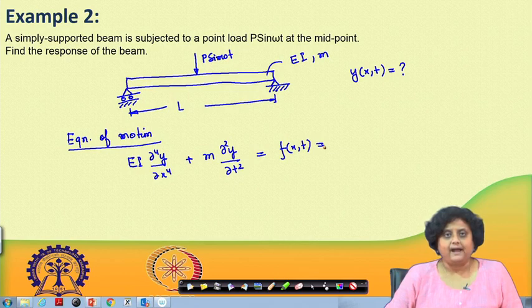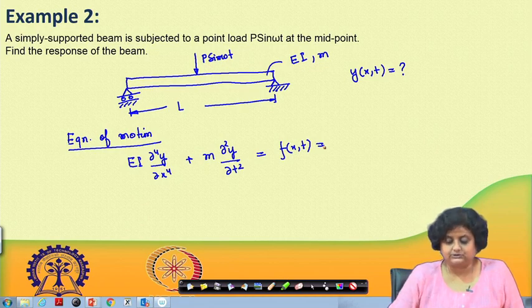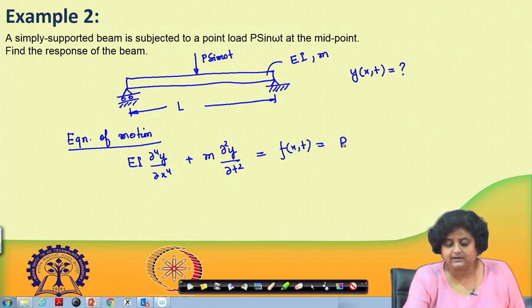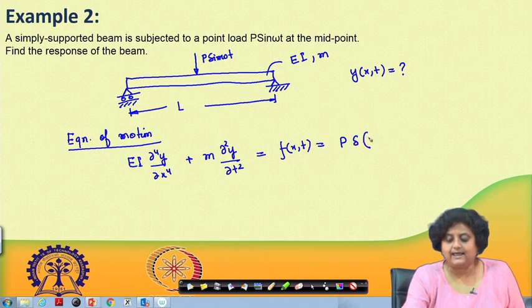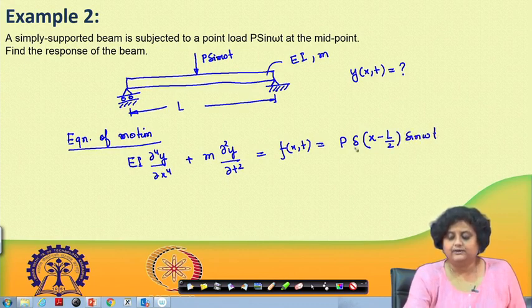If you go back to some of the earlier lectures, we have seen that any such point phenomena, or any such single point phenomena, can be expressed well by using the Dirac delta function. So, this force can also be expressed using the Dirac delta function. I can write this force as P into delta of x minus L by 2, into sin omega t. This delta is my Dirac delta function.